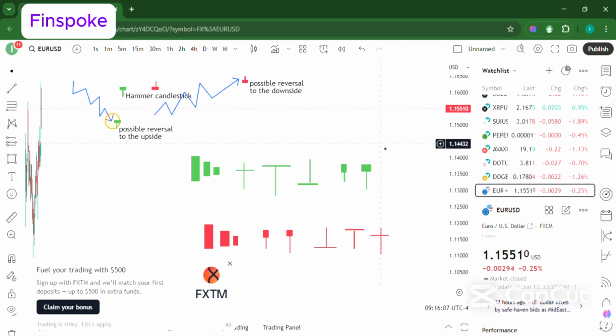The market is approaching a reversal level, whether price is trending up or trending down. So it is crucial for you to understand the message that these candlesticks are passing to you.